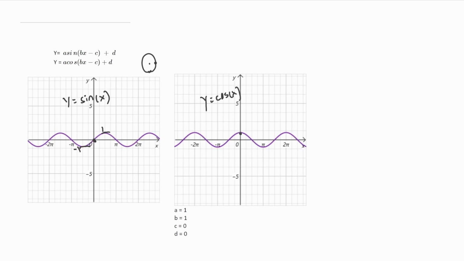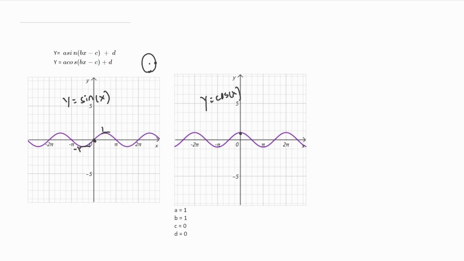Now, since cosine is x, instead of starting at 0, we're starting at 1, but we go 1, 0, -1, 0, +1. So we get the exact same pattern, and the difference between each of these key points is going to be pi over 2, or 90 degrees.